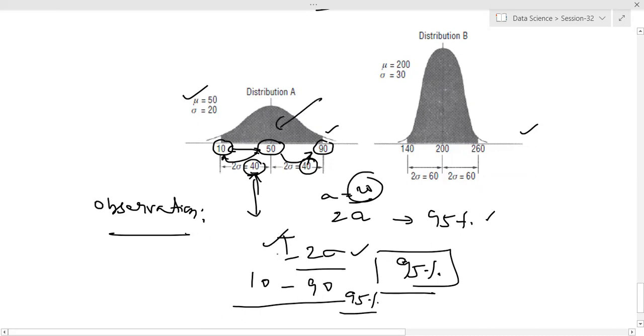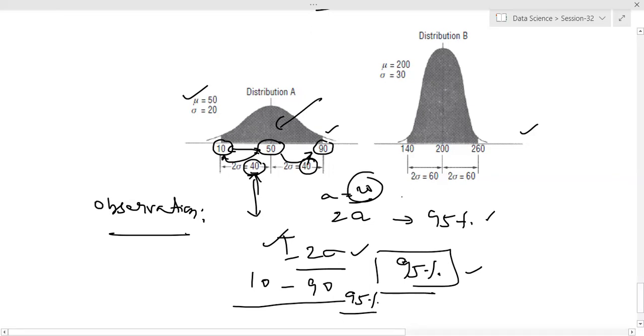As per the empirical rule, we have 1 sigma, 2 sigma and 3 sigma. Earlier we saw the 1 sigma example, and now we are talking about 2 sigma, which gives 95%. Leave that 50, 20. We are not interested in that. Our only interest is whether these two diagrams show the same kind of distribution or not, whether the data lies within 2 sigma, in the 95%.